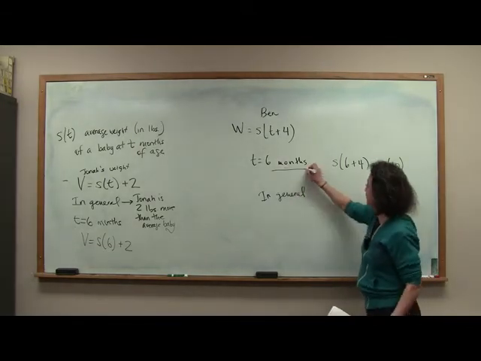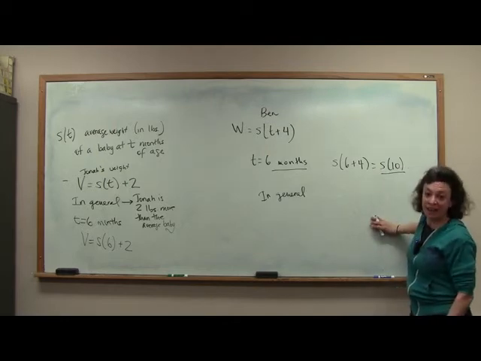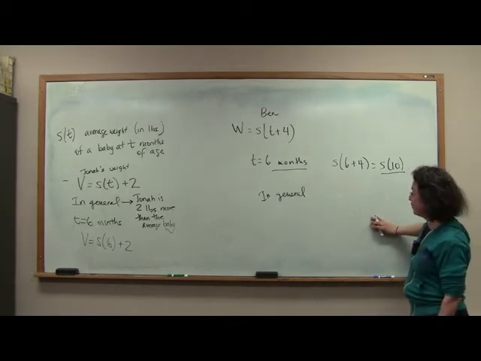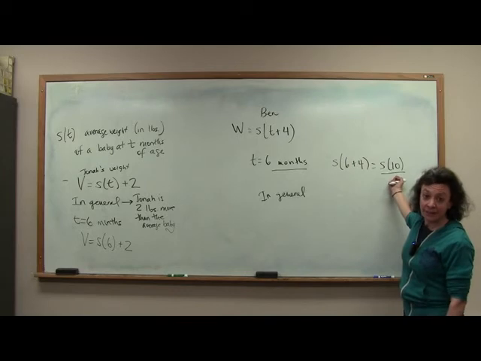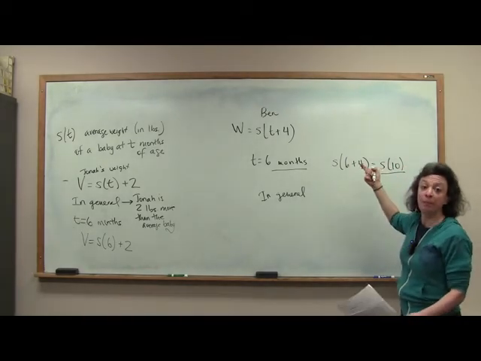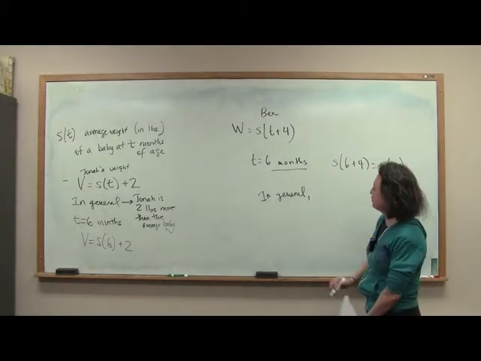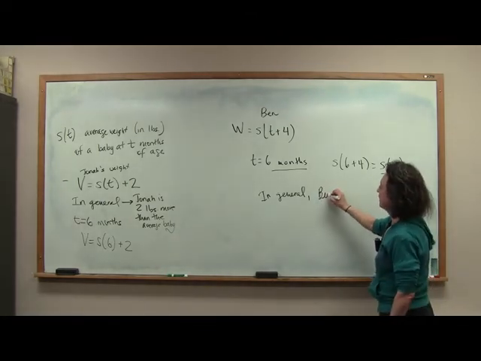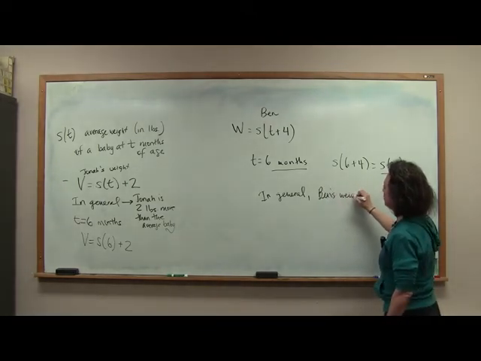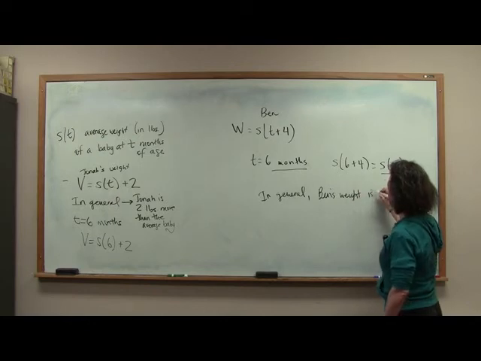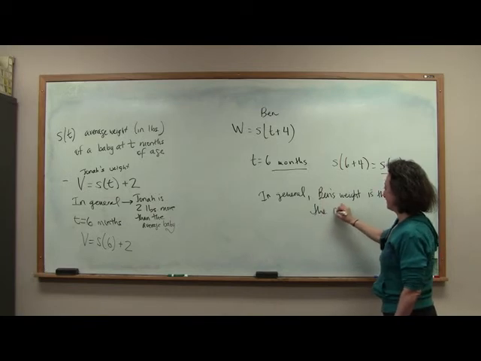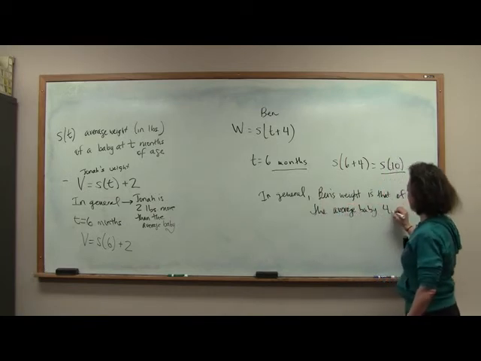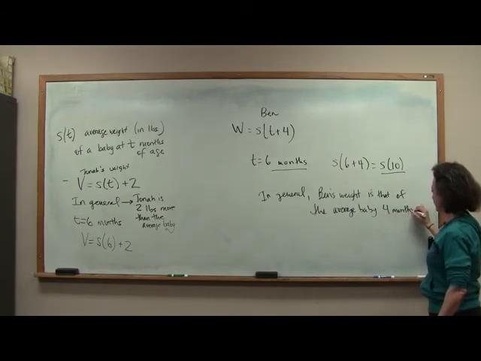At 6 months, he weighed the average of a 10-month-old, so I think you'll grant me he weighs above average. In general, Ben's weight is that of the average baby 4 months older.